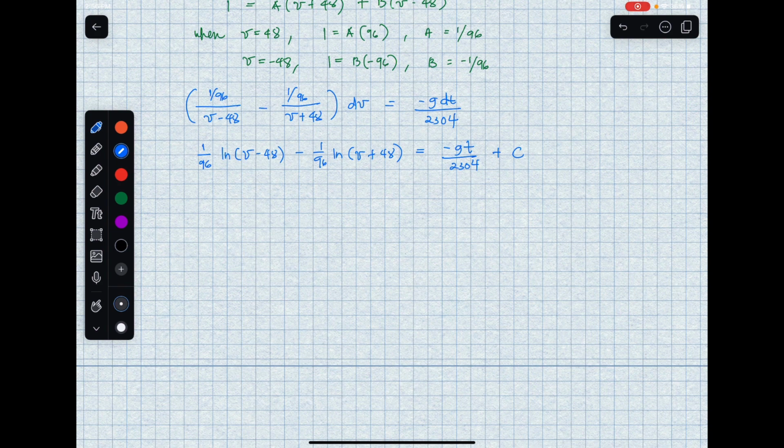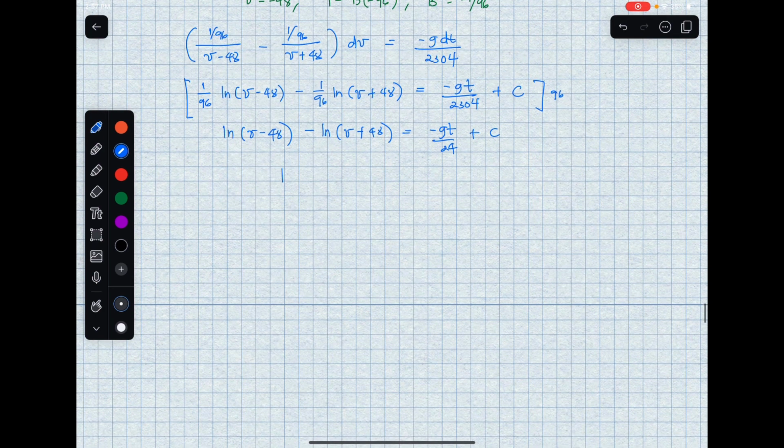But then, multiplying everything by 96, leading us to ln of v minus 48 minus ln of v plus 48 equal to 96 over 2304, which is negative gt all over 24, plus c.